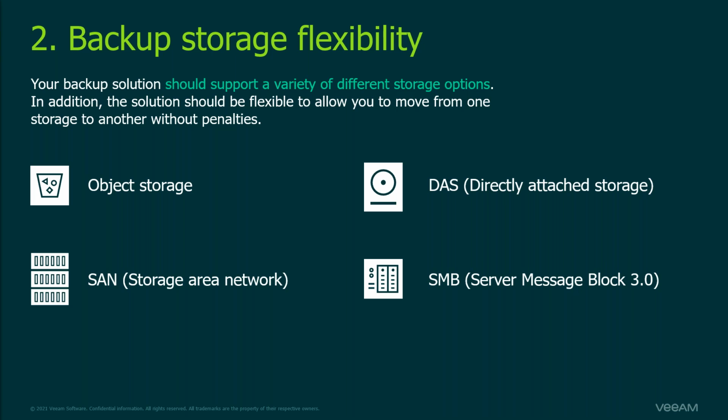In addition, the solution should be flexible enough to allow you to move from one storage to another without any penalties. Today you have taken the backup on an S3 bucket. Now your organization says the backup copy should be available on-premises, on my SAN storage box. Will your cloud vendor provide such a copy?